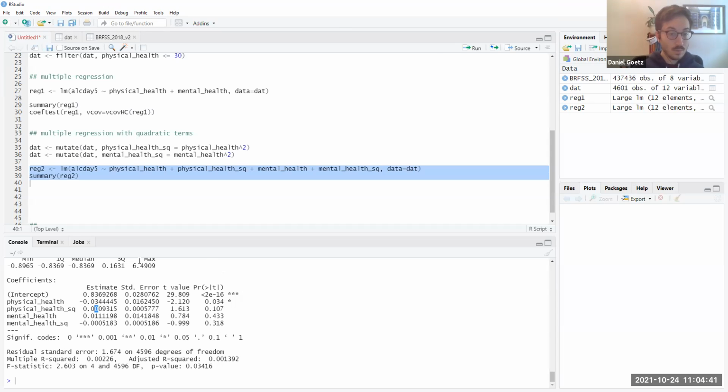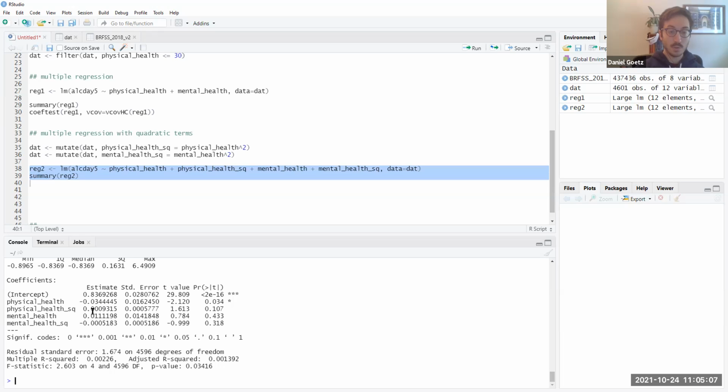So the reason why we introduce these quadratic terms is to capture exactly that kind of relationship, right? This idea that maybe most people are in good physical health a lot of the time. And if you have a few days of poor physical health, it might reflect that you're sick, you're not feeling so well, so you're not going out, and maybe you're not having a drink, right?